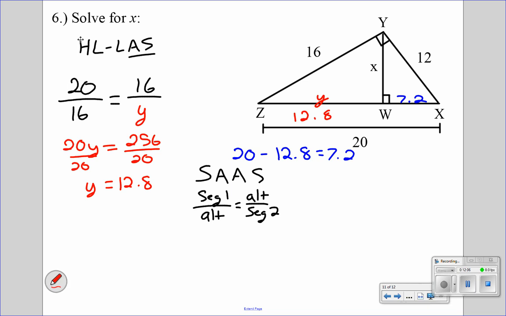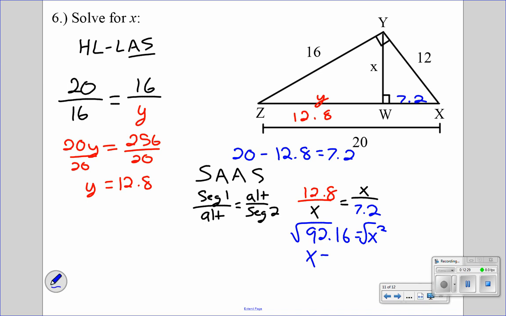So our segment 1 is 12.8 over our altitude, which is simply x, equals x over our segment 2, which is 7.2. When we cross multiply, we get 92.16 equals x squared. We can square root that, and you can simply put that in your calculator. X equals 9.6.